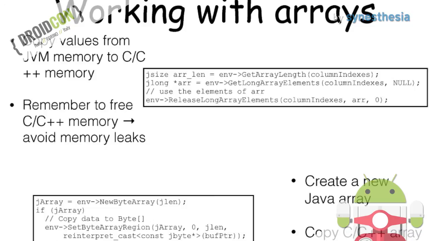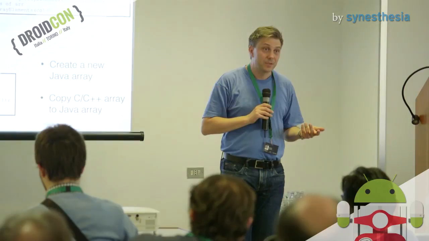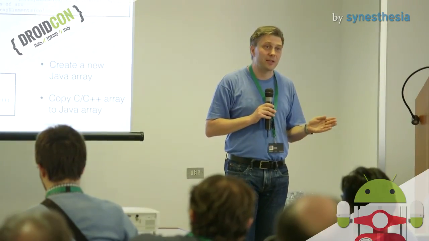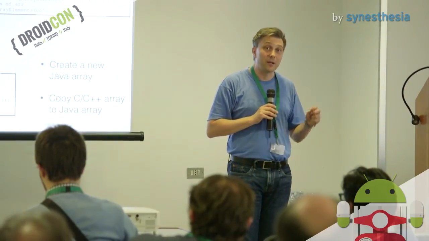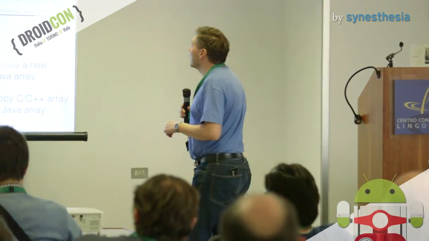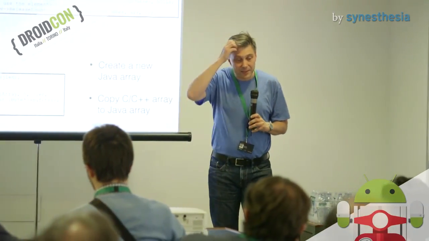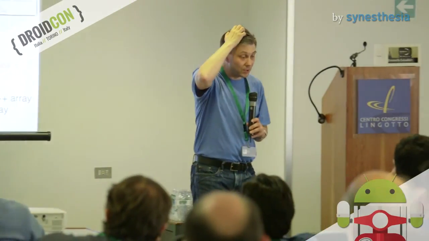Because if you miss this last line here, you have a memory leak in your Android app. And believe me, I have tried that, and that was really hard to find. It took me a day to find that leak once I had that. So you have to remember to release that. I've seen in some textbook on JNI that they actually forget that line. So just be warned: remember to free your stuff in C++.